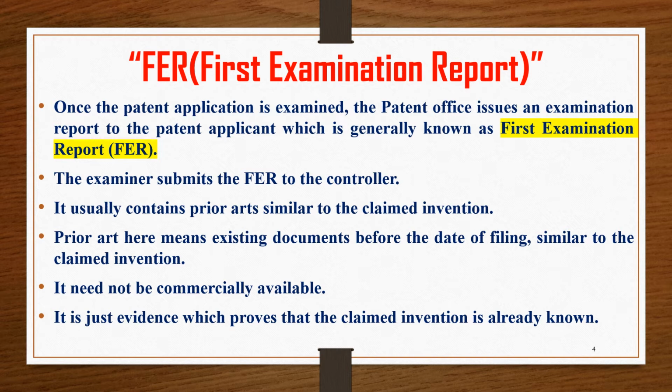Okay. And prior art need not be commercially available. It is just evidence which proves that the claimed invention is already known. Okay, that means this is a proof acknowledging that this invention is already known.